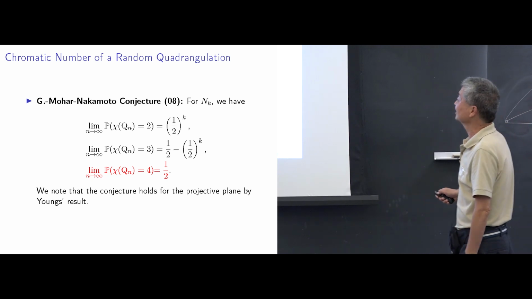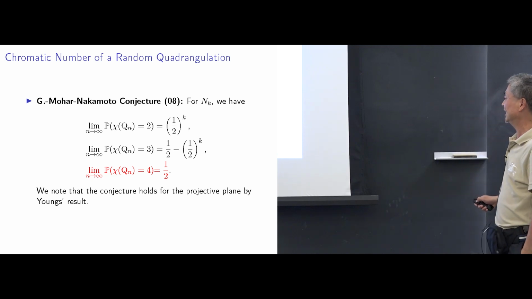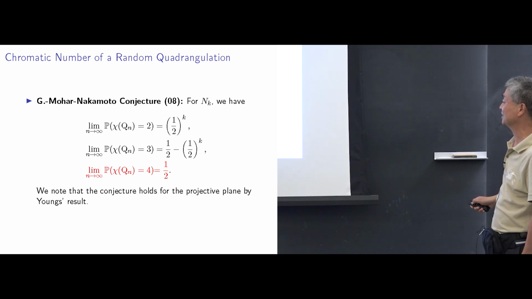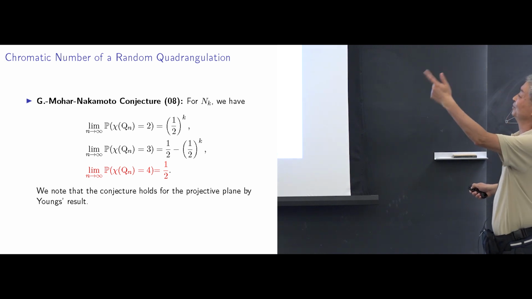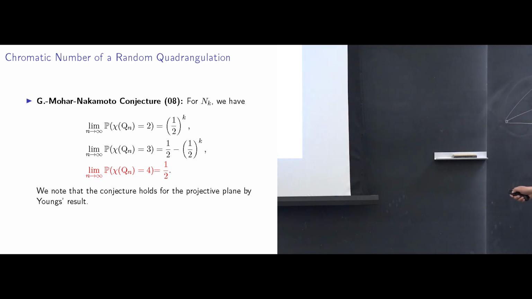And after my talk, Mohar and Nakamoto independently wrote to me saying that they think this is true. They both gave some reasoning, basically related to the previous slide's comment. They say the probability that the chromatic number of a random quadrangulation equals 4 is exactly 1/2.